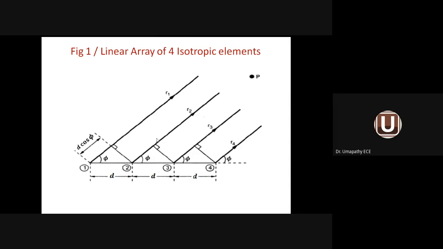That angle is nothing but the phase difference alpha. So we are coming across 3 angles, so do not get confused. I will once again explain: 3 angles, phi, psi, and one more angle, alpha.